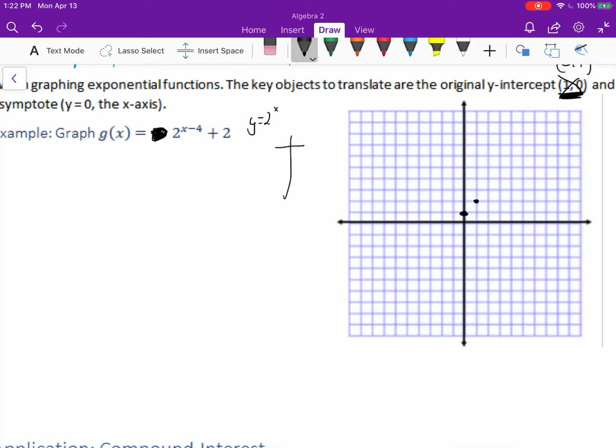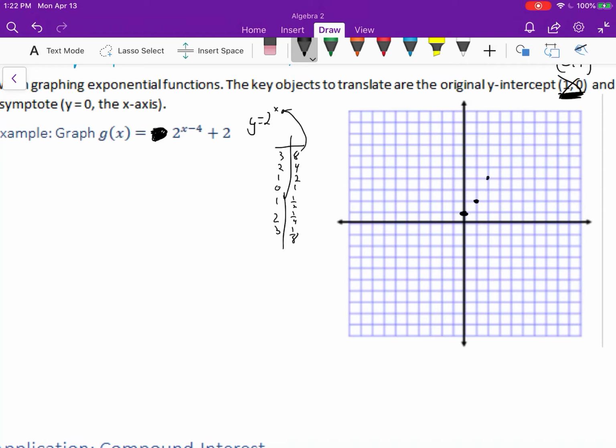Remember, we can just plug in some values. So 3, 2, 1, 0, 1, 2, and 3. 3 is going to give us 8 because we're just plugging it in for the x value. 2 squared is 4. 2 to the first is 2. 1, 1/2, 1/4, and 1/8.